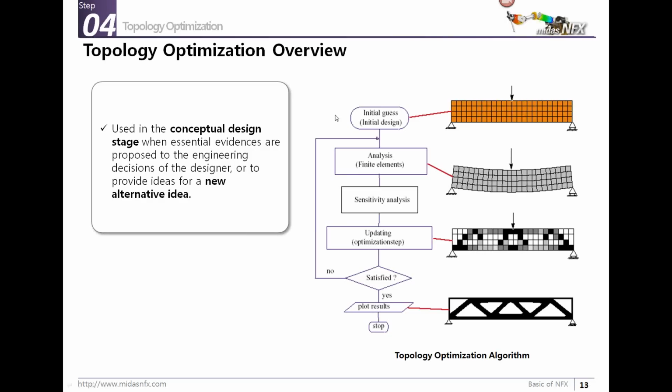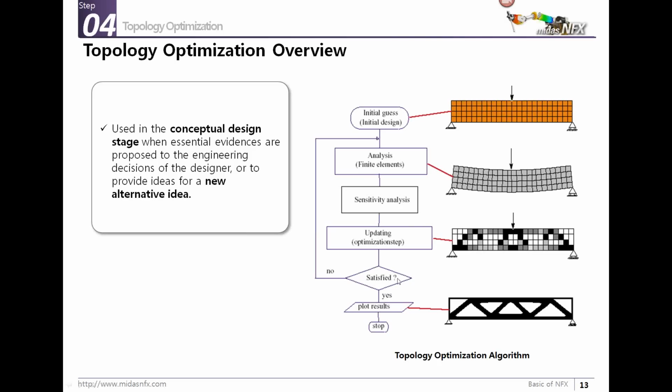As I said here, you have an initial guess. This is the initial design, let's say, that you're considering. Then you model it in finite element, in midas NFX. You apply the load. Then in the optimization analysis, a sensitivity analysis is performed, and then your model is updated according to the mesh density.